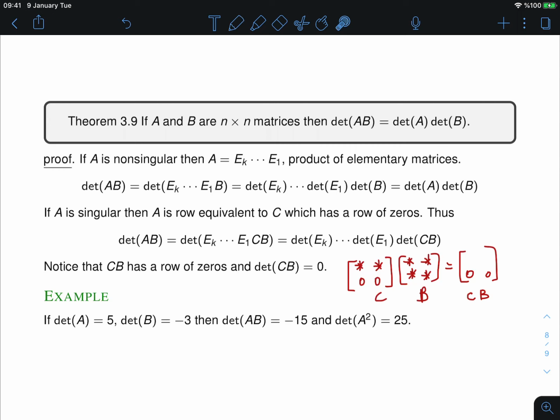Why? This part is 0, but the determinant of A is also 0, because it's a singular matrix. Since this determinant is 0, it equals 0, and this part also equals 0, so we're done.